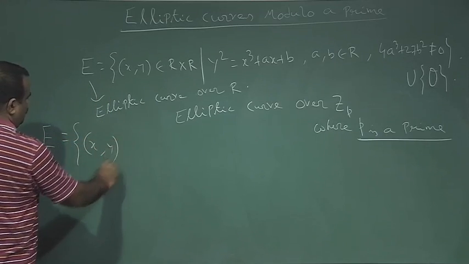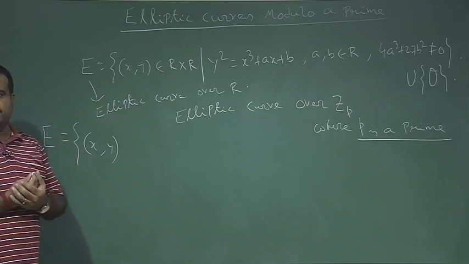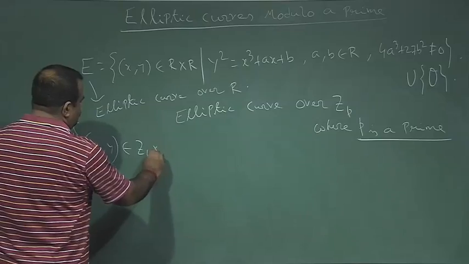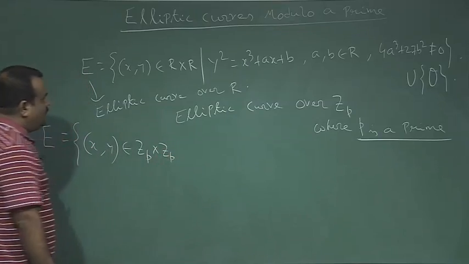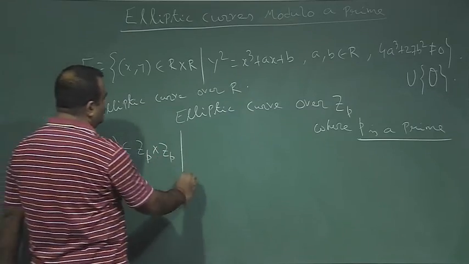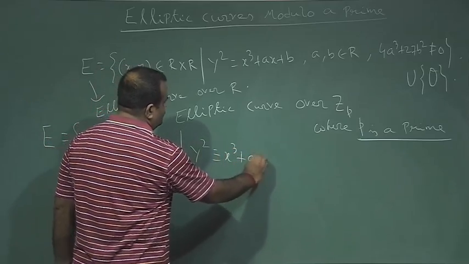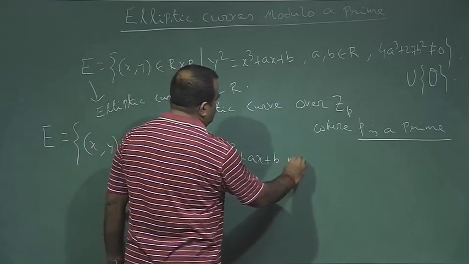It is the set of all pairs of points (x, y), both coming from Z_p, such that y squared is congruent to x cubed plus ax plus b mod p.